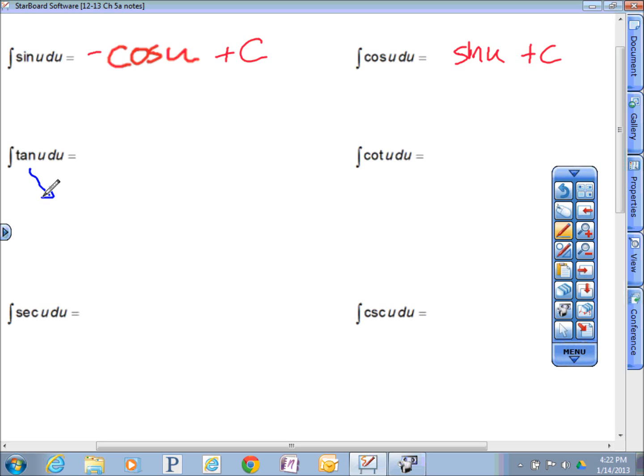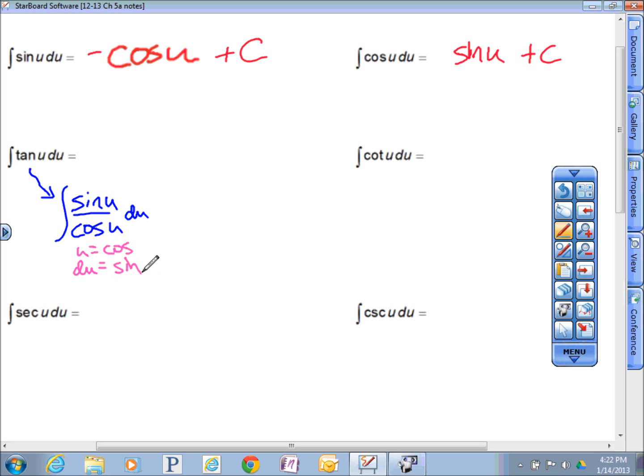Integral of tangent. Well, let's rewrite that. That would be the sine of u over the cosine of u. And if somebody asked for the antiderivative of that one, I would probably say, well, you know what? If I made u equal to cosine, and then du would have to be sine.